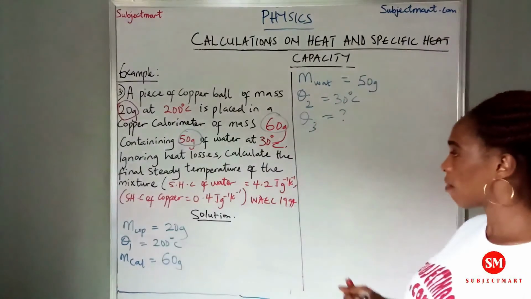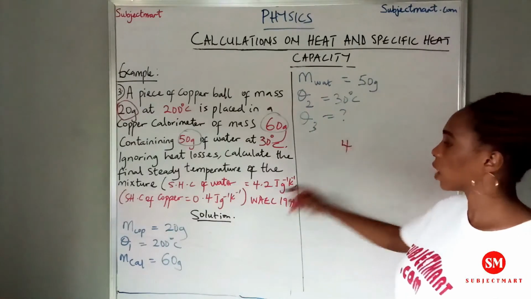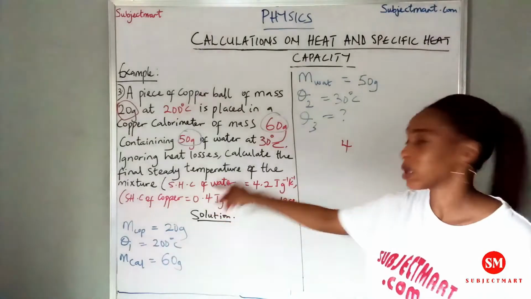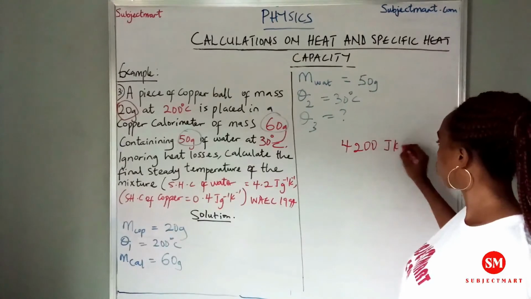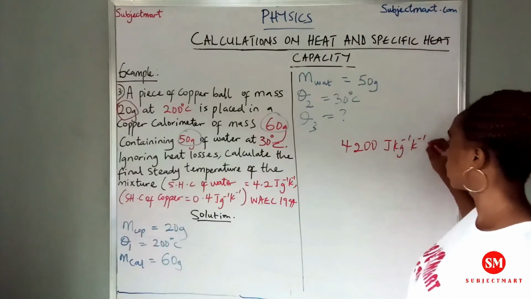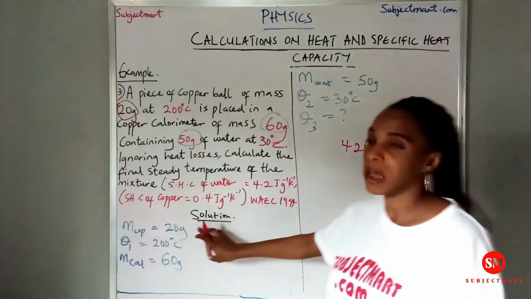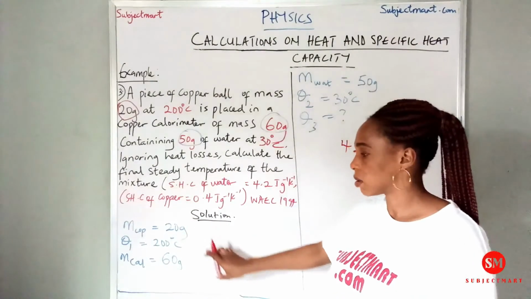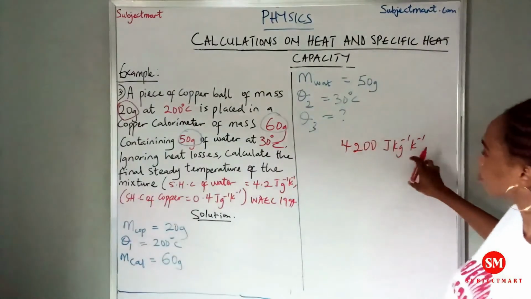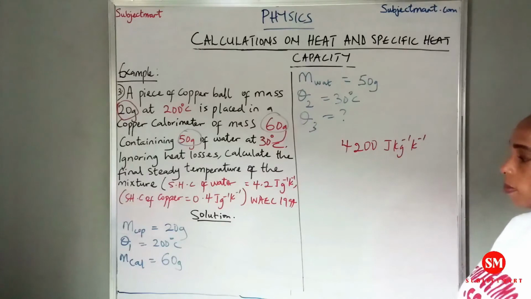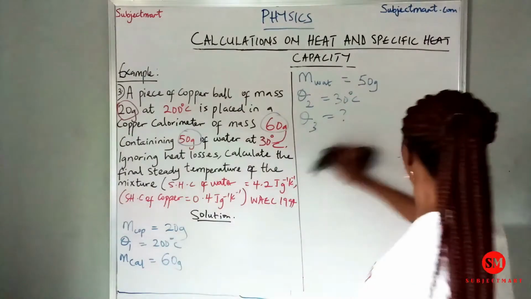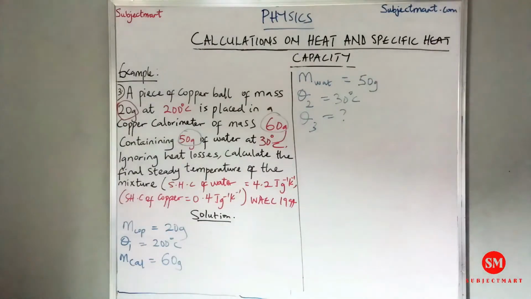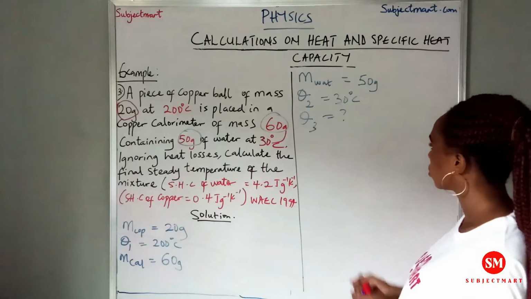But in a case where you are given the specific heat capacity of water as 4,200 joules per kilogram per Kelvin, in this case we will have to convert the masses to kilograms. I want to believe that is well explained. Okay, so we just move on.